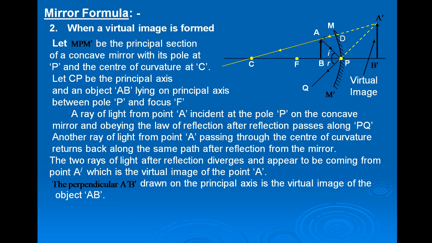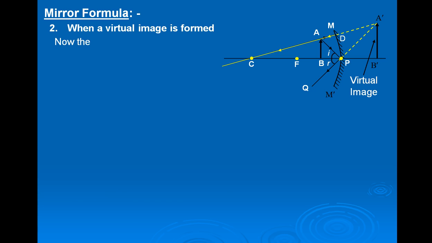Now triangle A dash B dash P is similar to triangle ABP. These two triangles are similar.